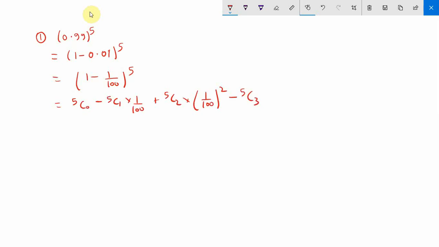Okay. So 5c3 into 1 by 100 to the power 3 plus 5c4 into 1 by 100 to the power 4, and last term will be 5c5 into 1 by 100 to the power 5. Okay, it will be minus.